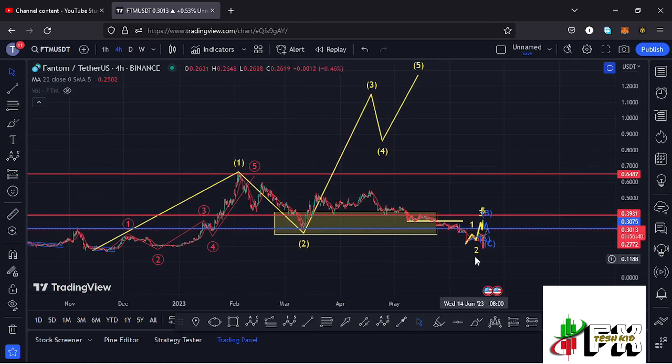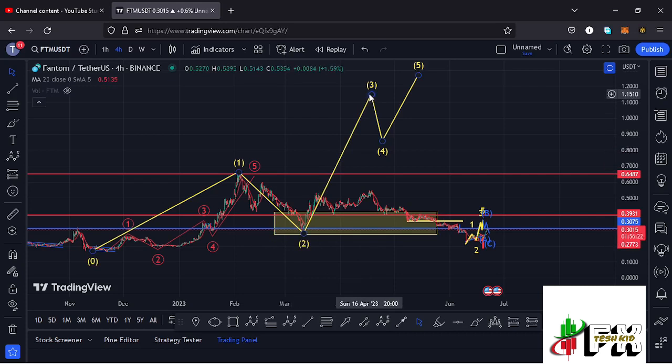And once we complete a 5-wave move on the charts, followed by an ABC corrective structure, that will confirm to us that we have a low in place for this higher Elliott wave count 2, and we have started an impulsive wave to the upside in the formation of this wave 3.